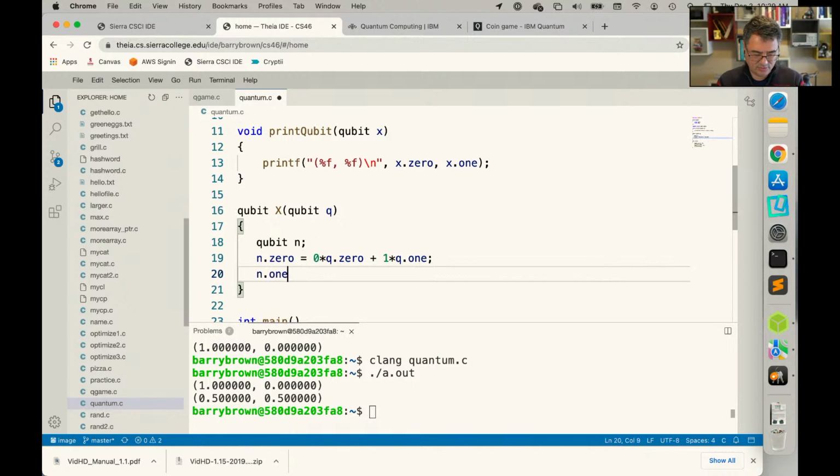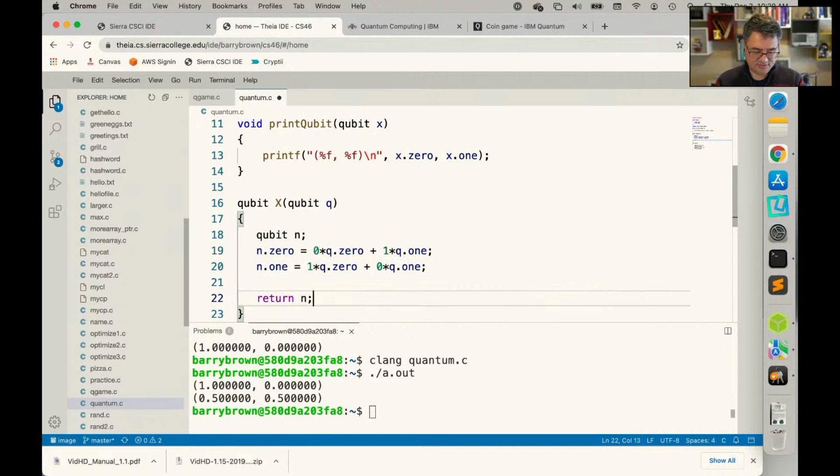And then the 1 number is going to be 1 times the 0 number plus 0 times the 1 number. And then we'll just return n.